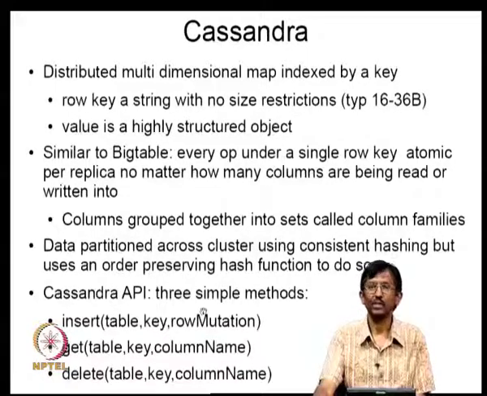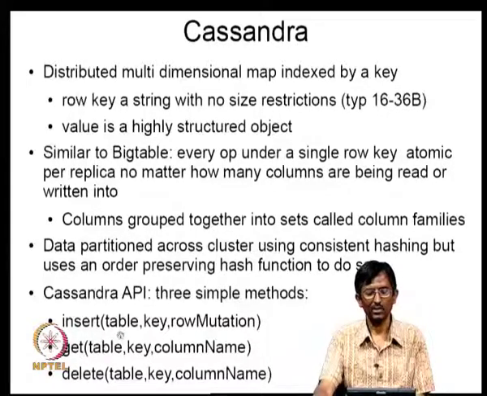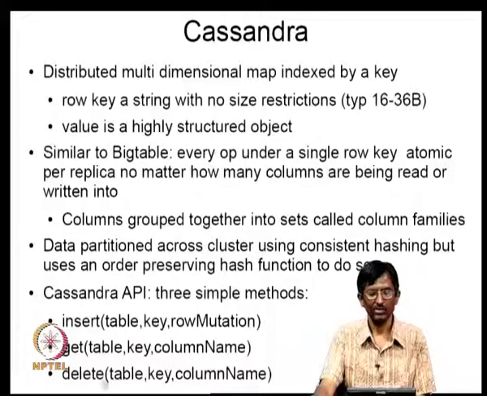Basically, they have three simple methods: inserting, which is a row mutation, a change to a particular row in a particular table with a particular key. Given a key on a particular table, you can get a particular column, and you can also delete some things.